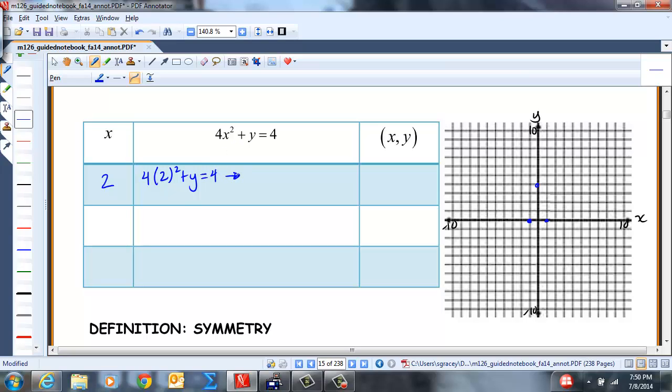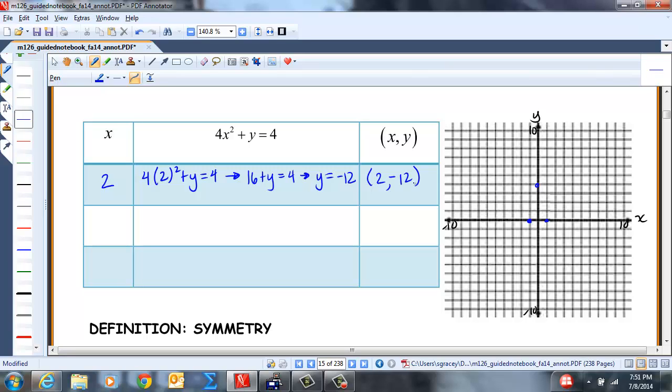That's going to give us 2 squared is 4. 4 times 4 is 16 plus y is 4. And then we'll get a result of y is -12. So this is an important lesson. Notice I set the scale based on those other ordered pairs, and look, I've already gone beyond my scale for the y-axis. So let's go ahead and modify this.